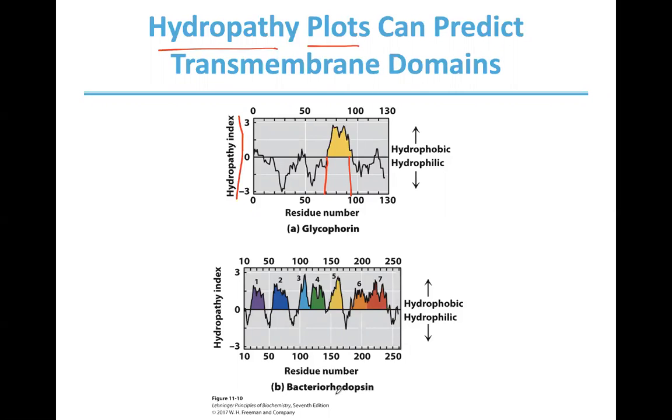And this one, bacteriorhodopsin, spans the cell membrane 7 times. So if you have a cell membrane like this, it goes 1, 2, 3, 4, 5, 6, 7. And you can see here, there are 7.